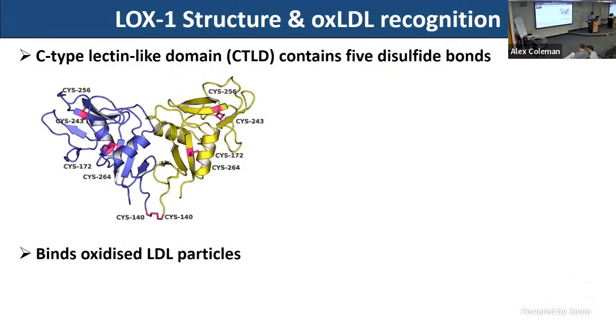So then we download the protein structure from the PDB database, which contains 5 disulfide bonds. And these 4 disulfide bonds are responsible for making a stable structure. And if you see this, the 5th disulfide bond, cysteine 140, is responsible for formation of the dimer structure. This dimer structure is responsible for binding of oxidized LDL.